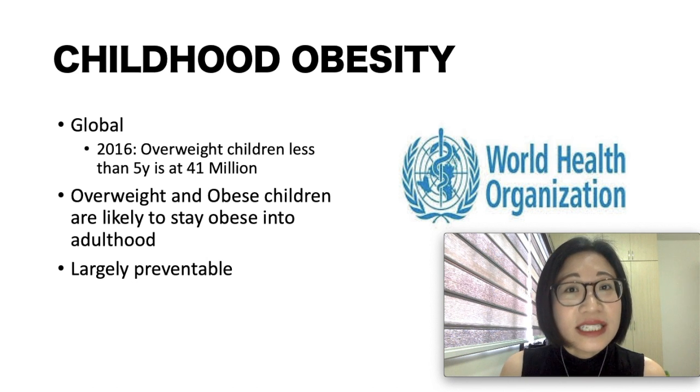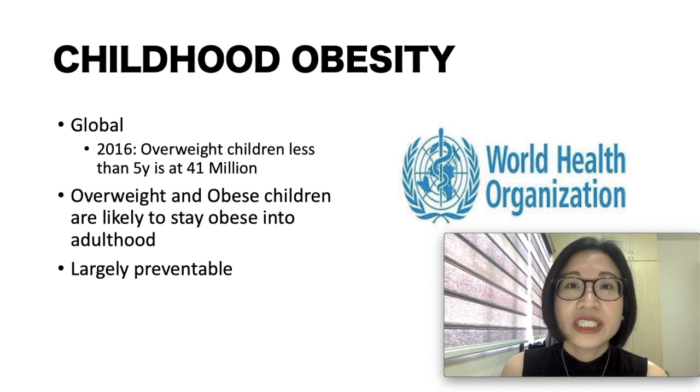And the sad thing is, overweight and obese children are likely to stay obese into adulthood, and along with it comes complications such as diabetes and cardiovascular disease, and these arise at a young age. The thing to note is childhood obesity is largely preventable, so we can do something about it.